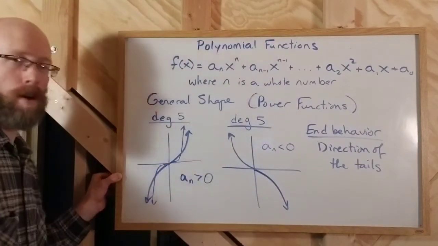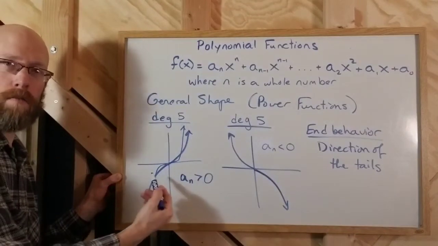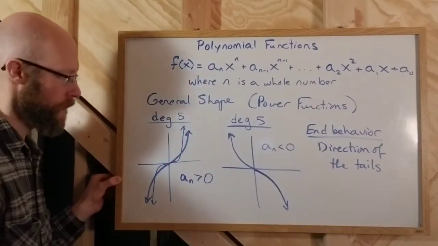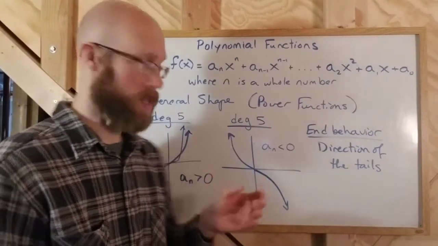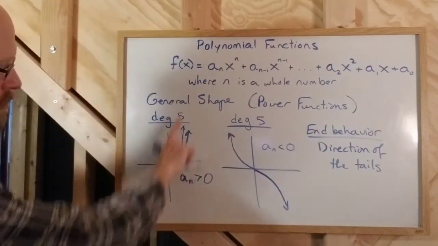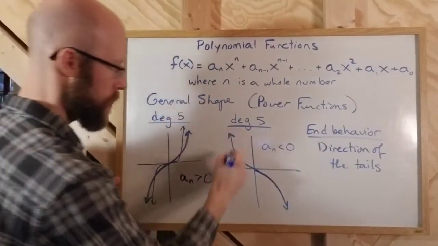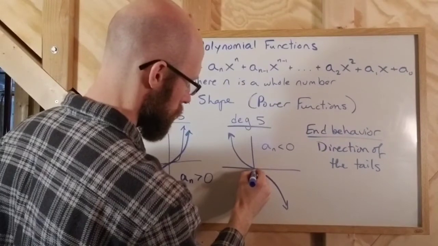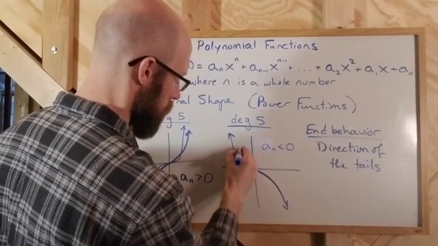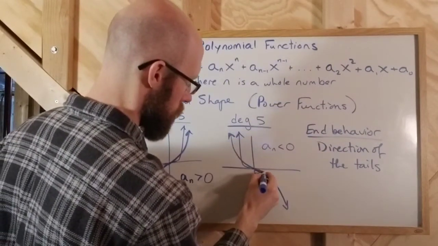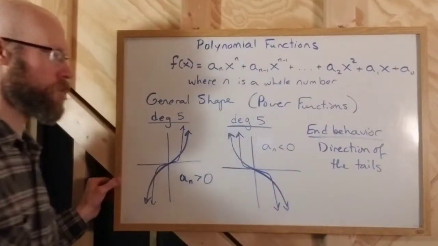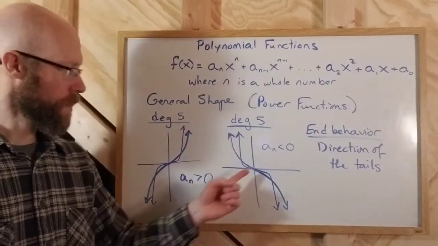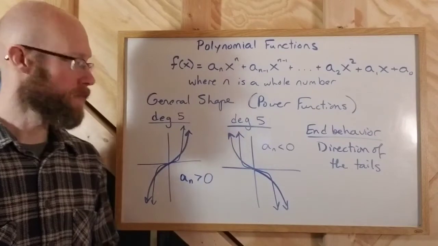So it becomes steeper. Okay, so it's flatter in the middle but steeper on the ends. What's interesting about all of these, and of course the end behavior is the same, right? So it's going up to the right, down to the left. Same thing here. Degree 5 is going to be flatter in the middle, steeper on the ends. So it's a sharper bend. Okay, sharper bend.